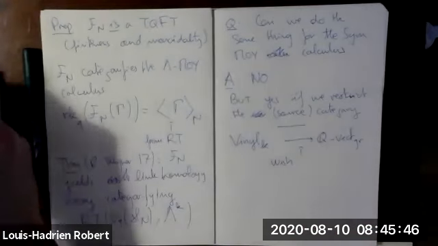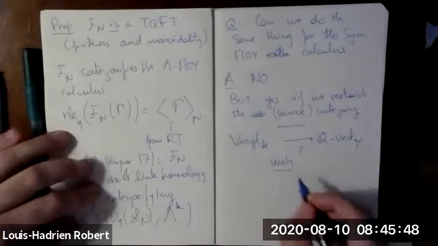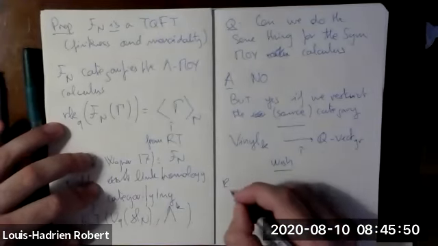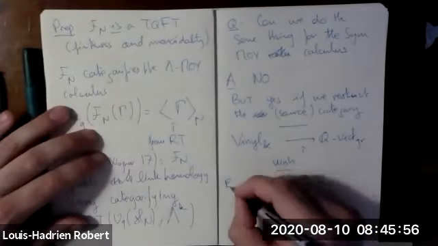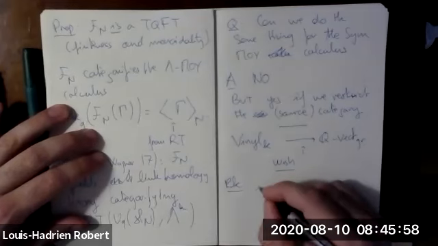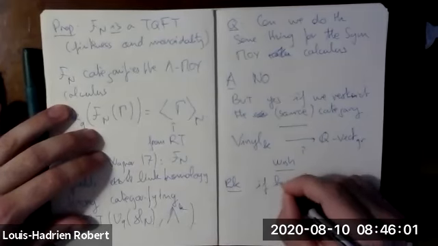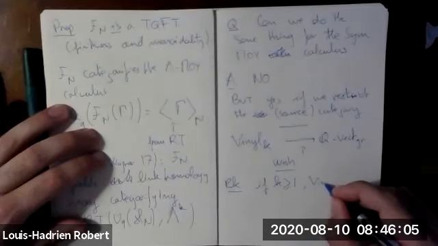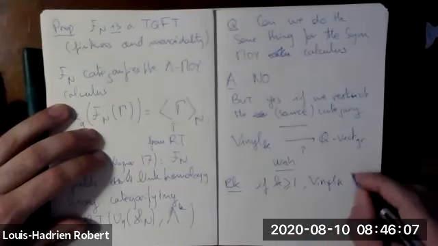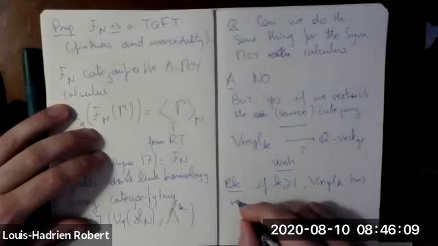I have one remark. I want to do this in the same way as I did before, because that's the only way I know how to cook up TQFTs. And here I have a problem. If K is greater than 1, Vinyl_K has no empty object.